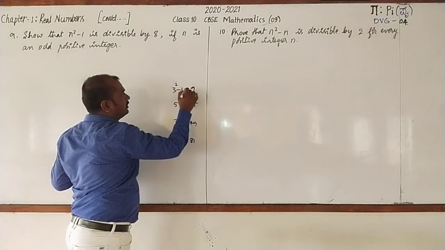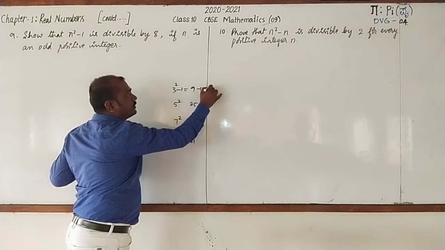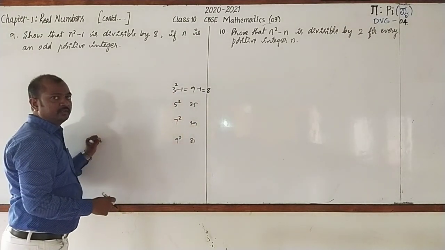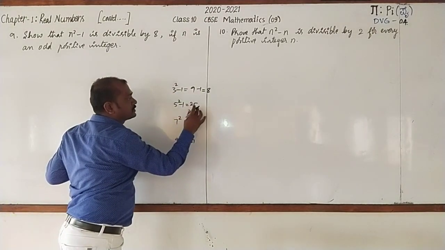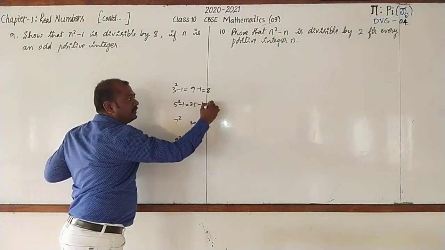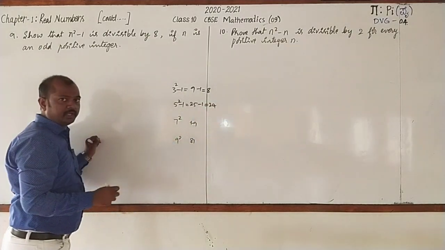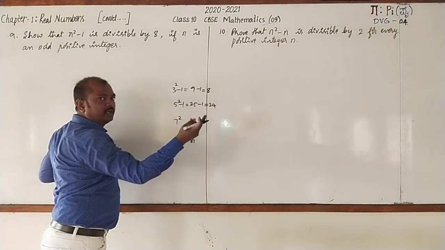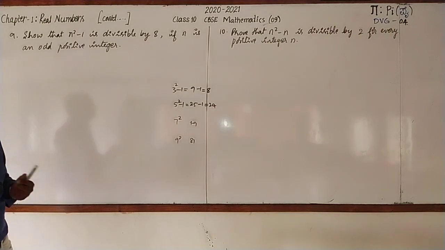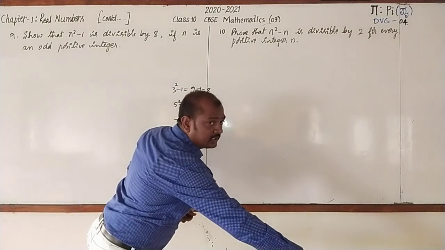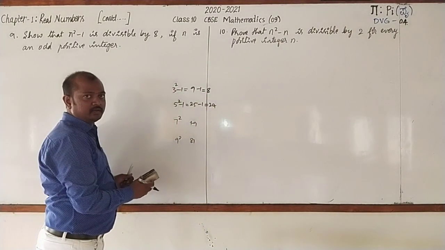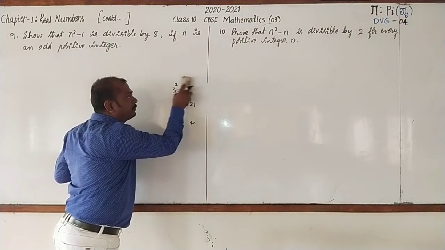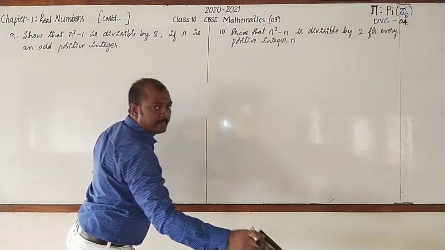So minus 1, 9 minus 1, 8. 8 is divisible by 8. 5 square minus 1, 25 minus 1, it is 24, divisible by 8. Similarly, 49 minus 1, 48. 48 divisible by 8, that is 8 6 and so on. Now this is going to be proved with logical steps.